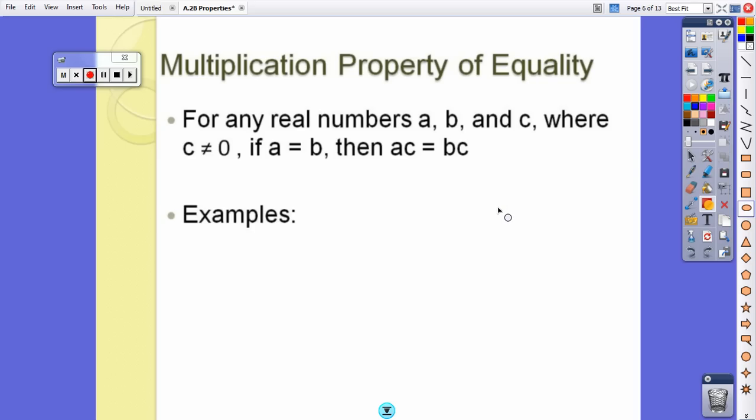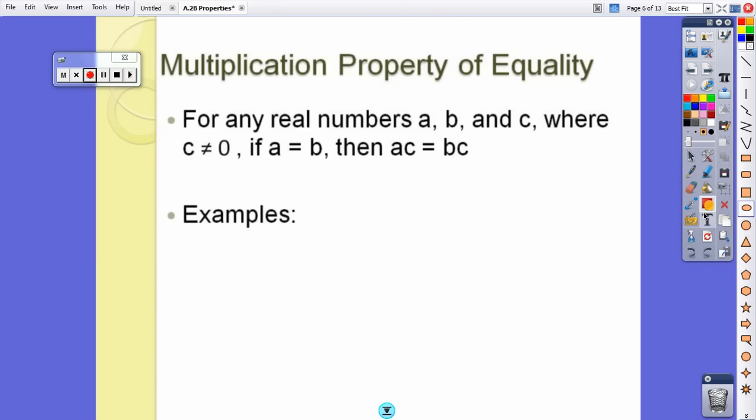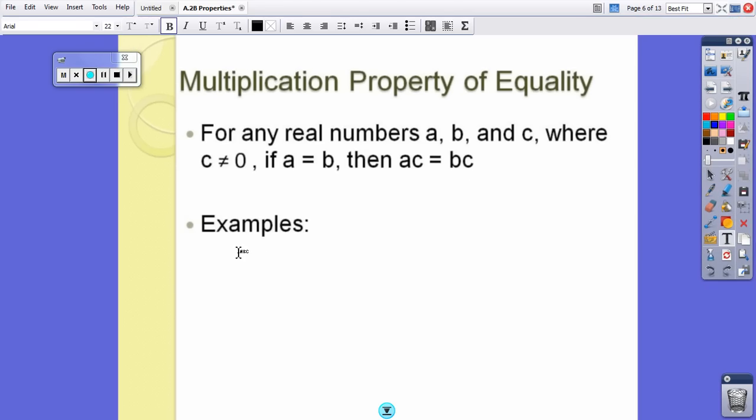The next new property is the multiplication property of equality. For any real numbers a, b, and c, c cannot equal 0. If a is equal to b, then a times c is equal to b times c.